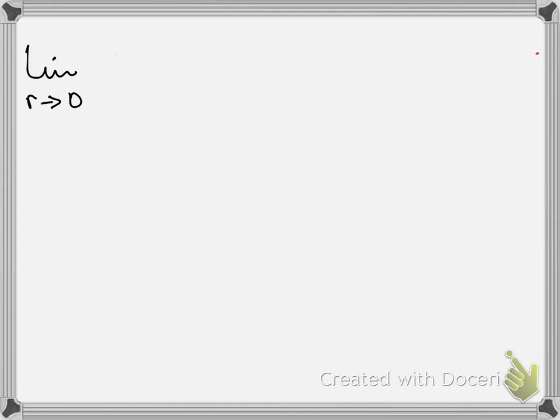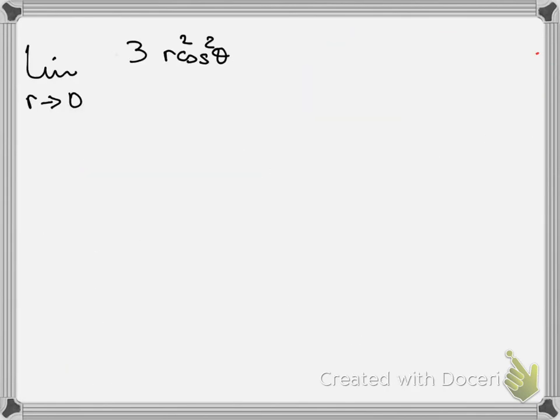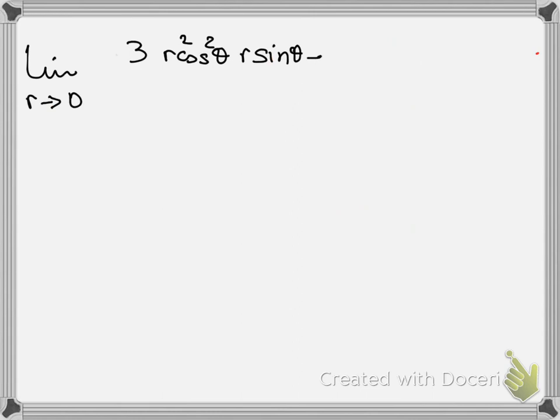Sorry, here. So 3r cosine theta squared times y, so times r sine theta, minus y cubed, which is r sine theta cubed, so minus r cubed sine cubed theta.